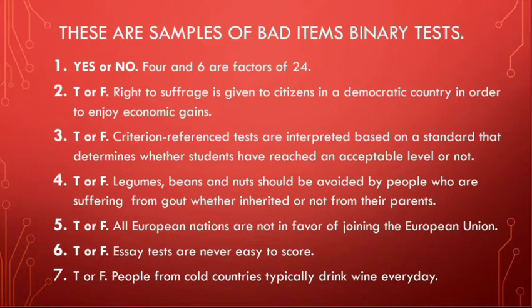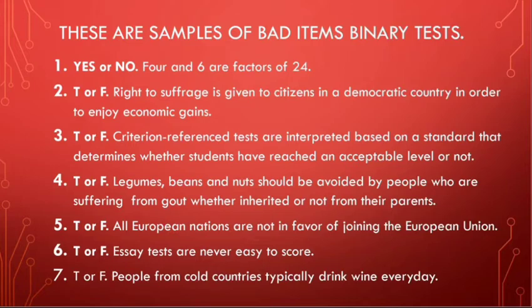For number three, criterion reference tests are interpreted based on a standard that determines whether students have reached an acceptable level or not. What's wrong here? It's too long for a true or false type of test item. Number four, we have this sentence, referring to what to eat, it's about health.